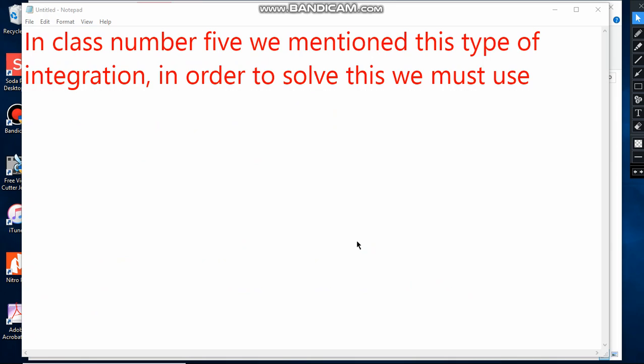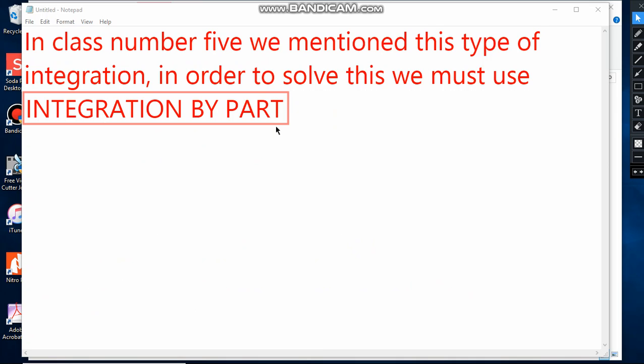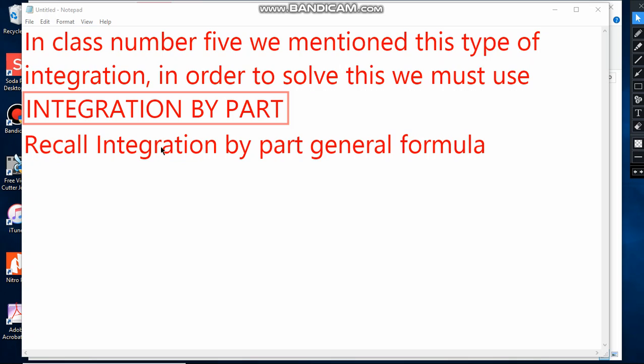Okay, in class number 5 we mentioned this type of integration, integration of logarithmic function. In order to solve this type of integration, we must use the integration by parts method. Let's recall the integration by parts general formula.